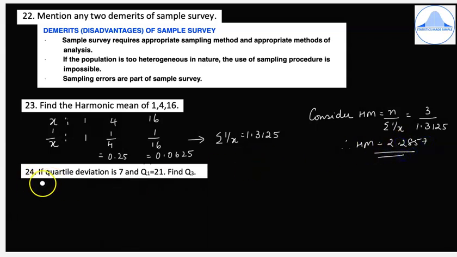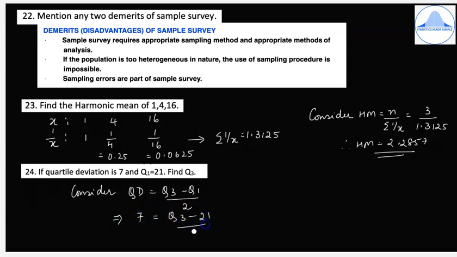24th question, if quartile deviation is 7 and Q1, that is the first quartile, is 21, find Q3, that is the third quartile. So let us first write the formula for quartile deviation. Consider QD is equal to Q3 minus Q1 divided by 2. So which implies 7 is equal to Q3 minus 21 divided by 2.